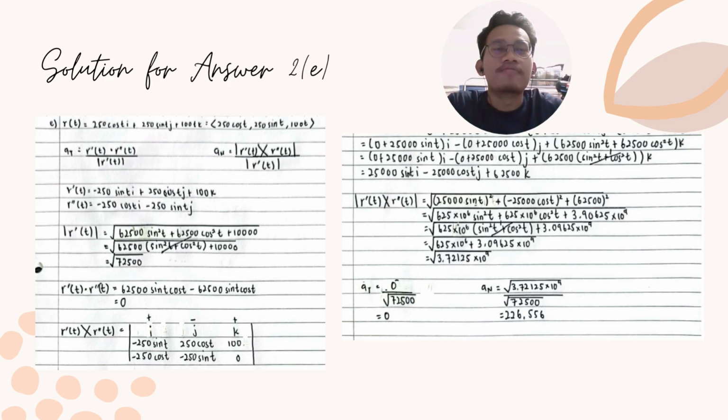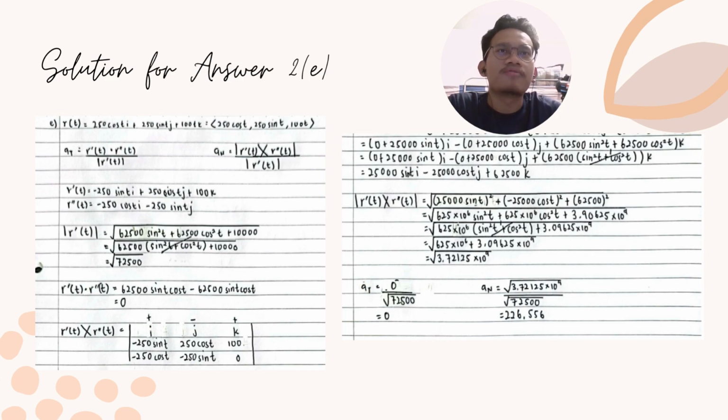And for j, we get 0 plus 25,000 cos t for j. And for k, we get 62,500 sin squared t plus 62,500 cos squared t k. And then we can use the trigonometric identity after we factorize the 62,500. The trigonometric identity will give 1.